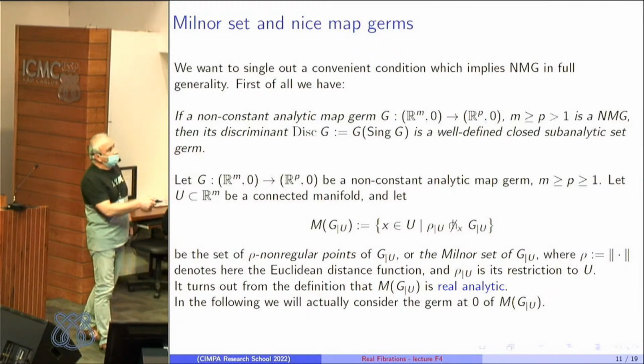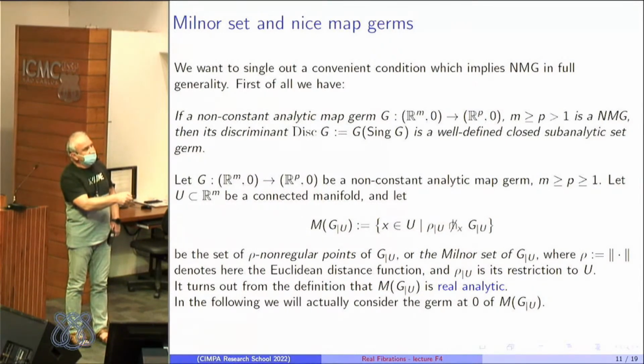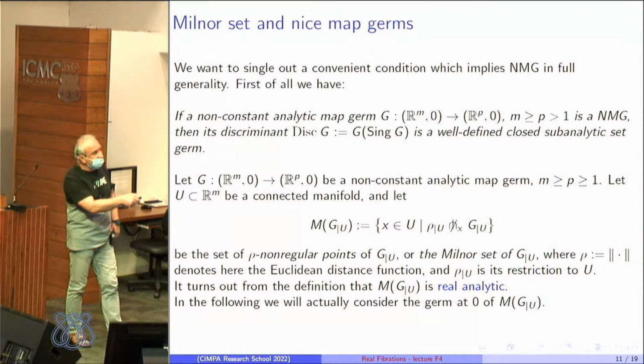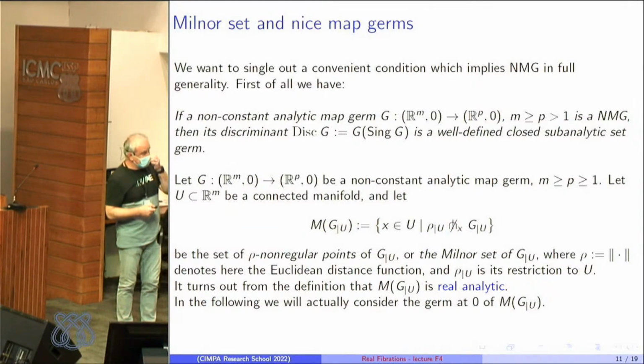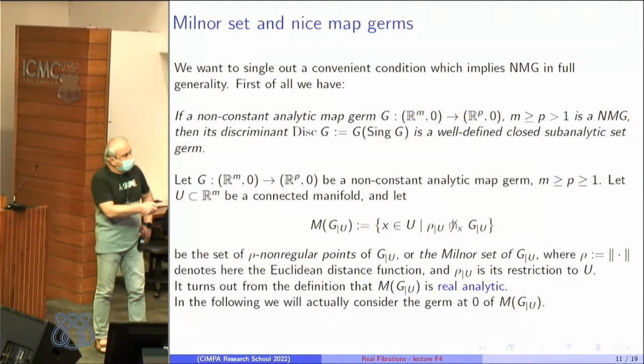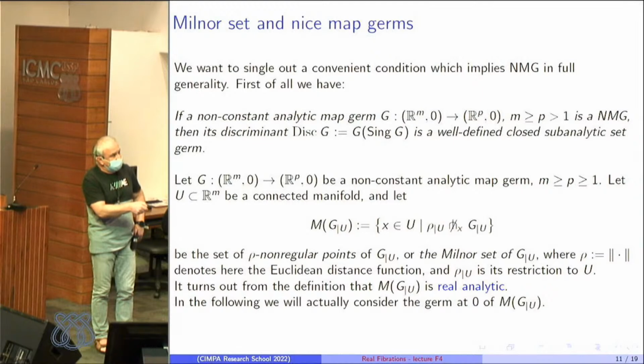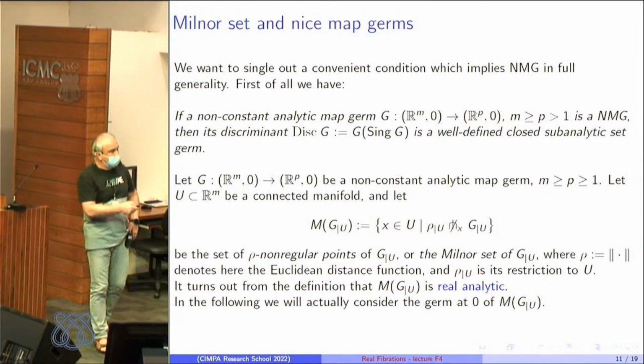And you look at the set of points of tangencies between the fibers of the function g and the spheres. So this set is the set of critical points of rho restricted to g, and you have already seen this several times. And in fact, we are going to look at germs of this set.